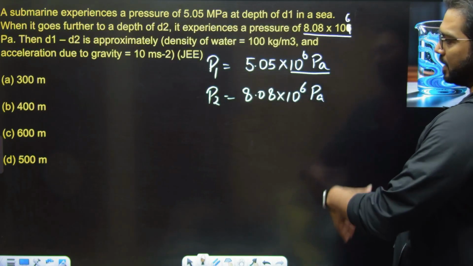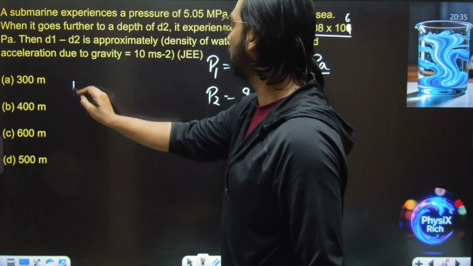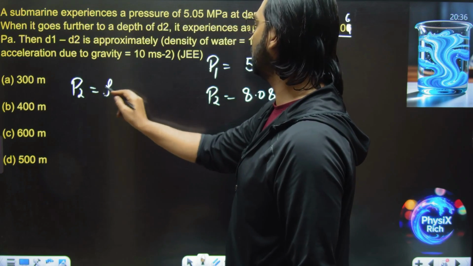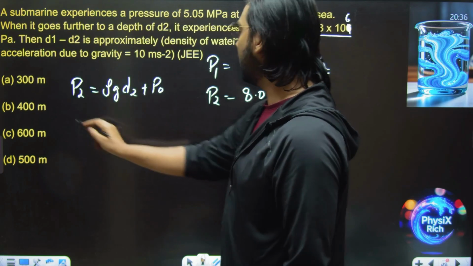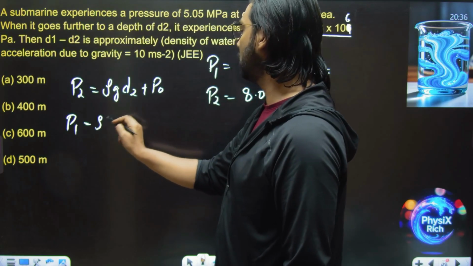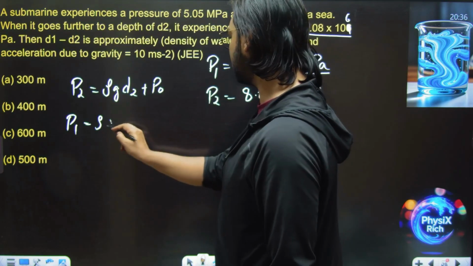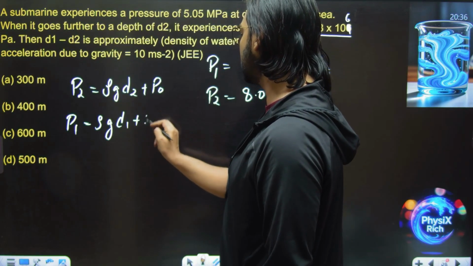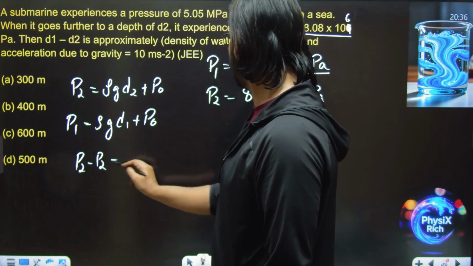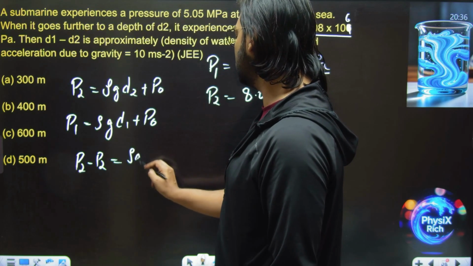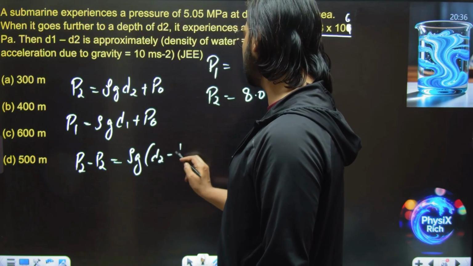Now you see guys that P2 is equal to rho g D2 plus P naught, and P1 is equal to rho g D1 plus P naught. And P2 minus P1 should only give us rho g (D2 minus D1).